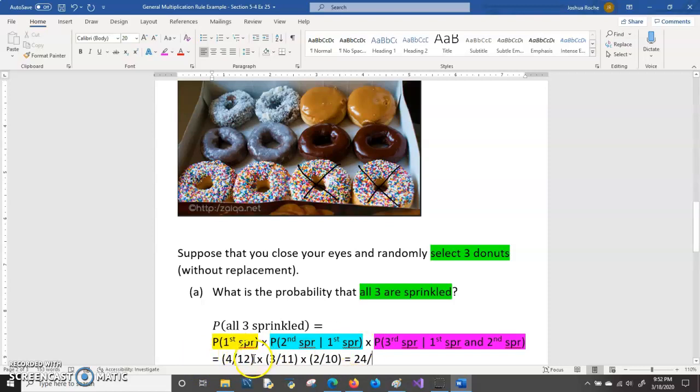Multiply all the denominators: 12 times 11 times 10. That'll be 1320. It comes out to about 0.018.